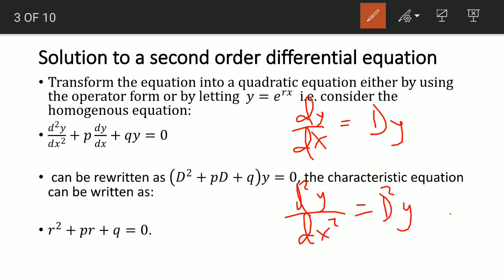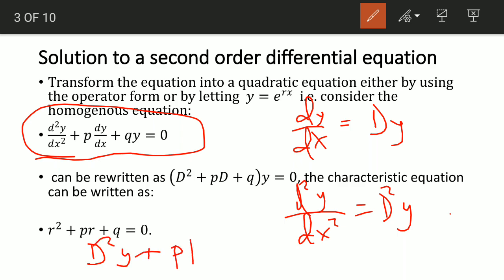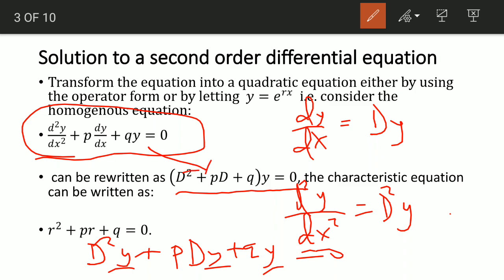Okay, so in the real sense, the whole of this is supposed to be D squared y plus pDy plus qy equal to 0. Now if you notice, y is common, so we can factorize y, and once we do that, the whole of this is rewritten thus: (D squared plus pD plus q) y equal to 0.